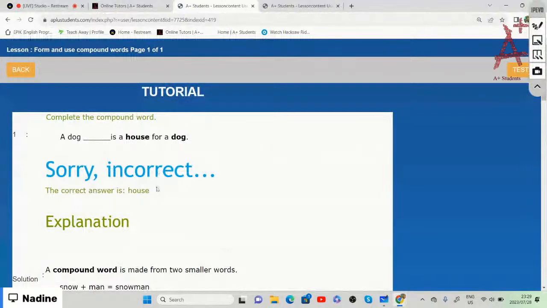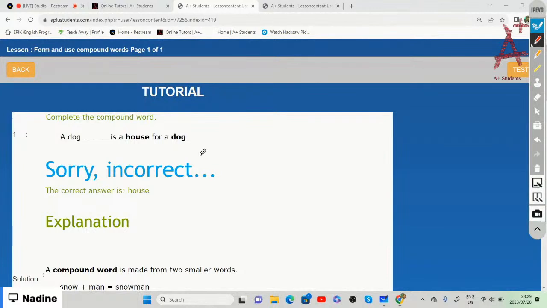So basically a doghouse. A doghouse is a house for a dog.